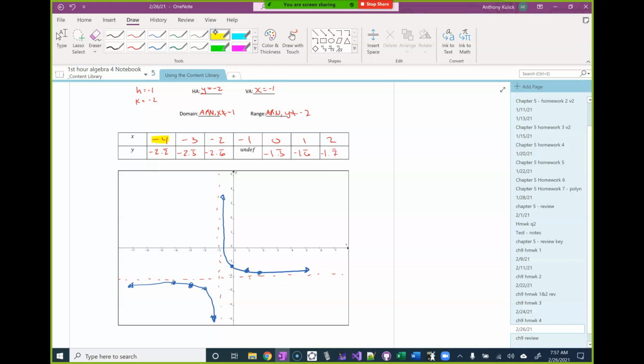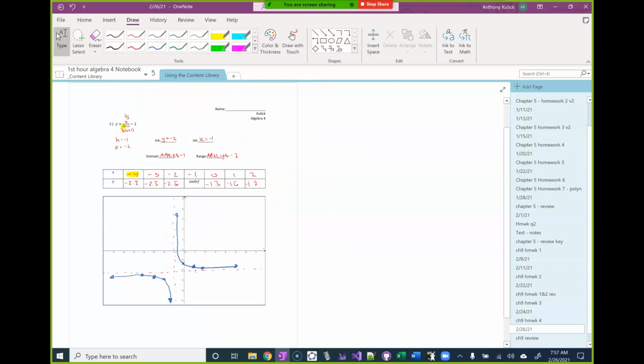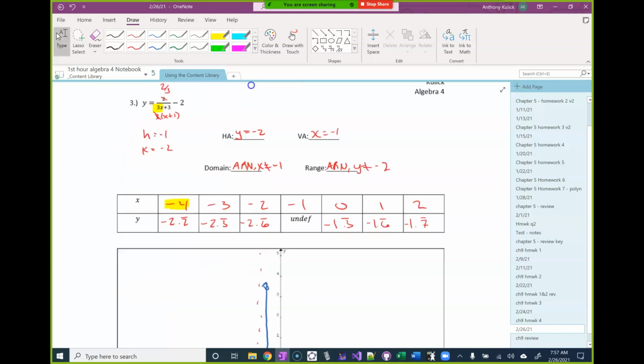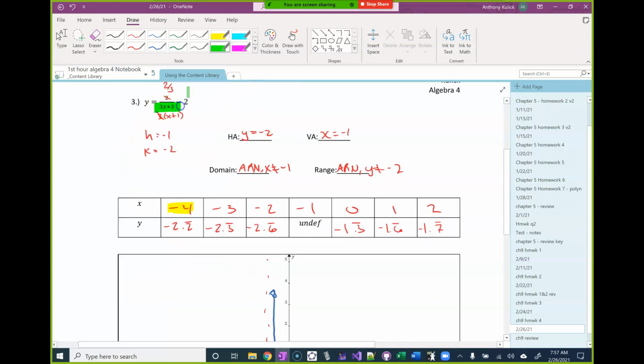And just to maybe make this even more broadly easy, really what you're doing when you're getting that vertical asymptote is all you're really doing is finding the value that gives you a 0 denominator. So if you just take your denominator and set it equal to 0 and solve, that'll give you your vertical asymptote also.